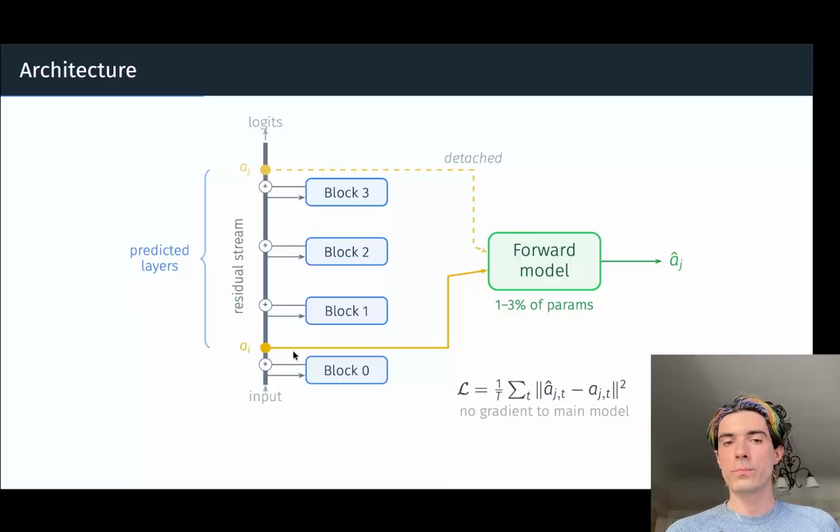And we will then predict, based on the earlier layer activations, the later layer activations with the forward model, such that when you are processing data through the model, you can get to block 0, perform the forward model pass, but also perform blocks 1 through 3 passes as well. Then when you get to this A sub j point, you can compare the forward model prediction with the main model prediction and look at the interesting properties it has there.